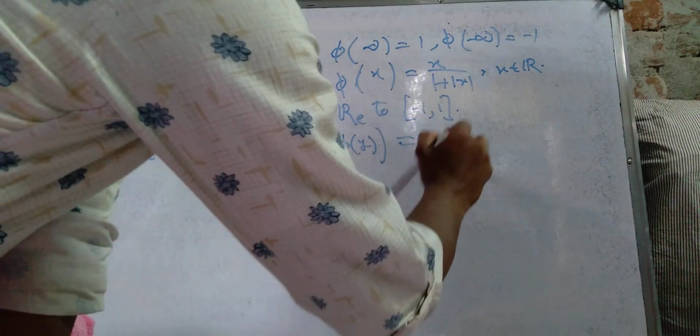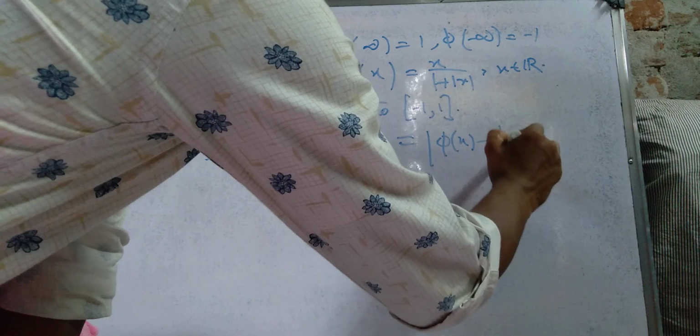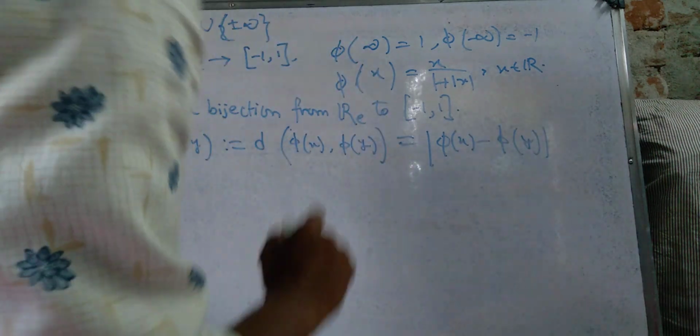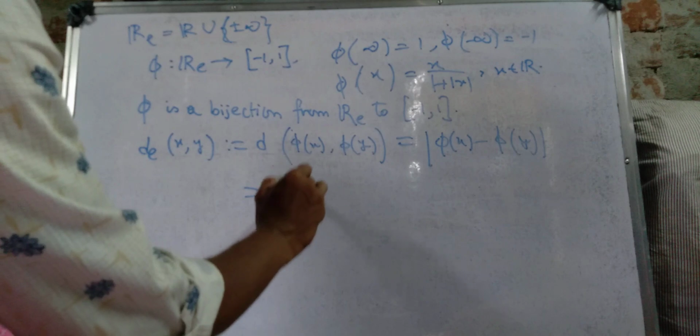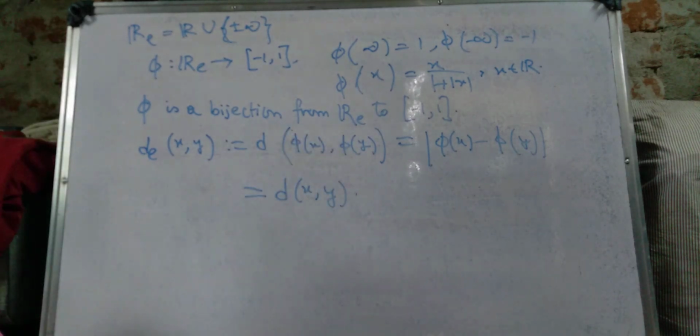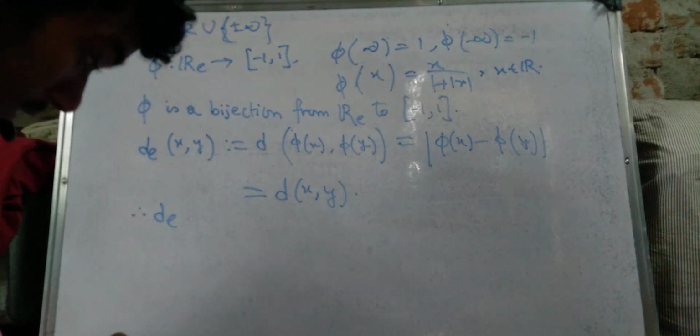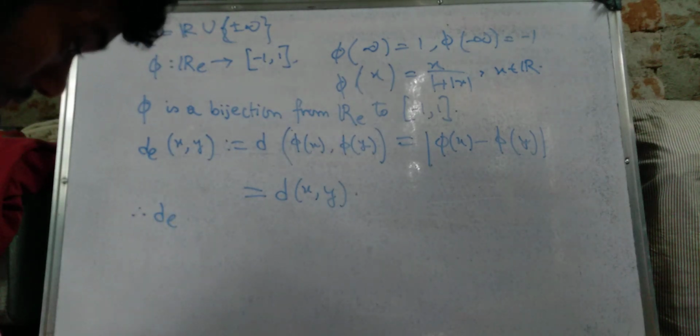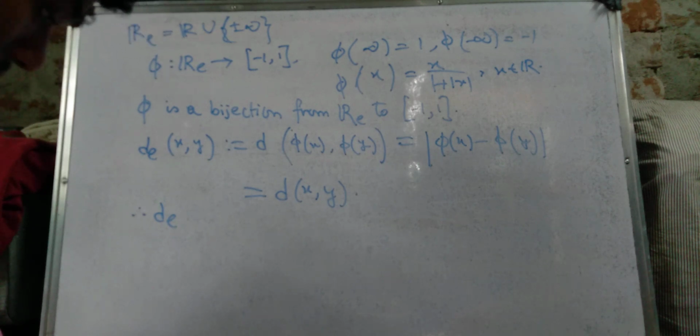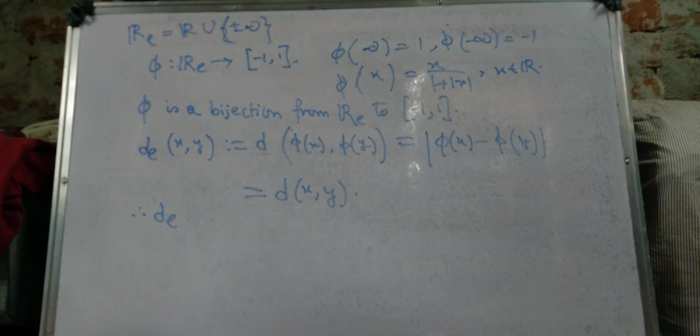That implies mod of phi x minus phi y. Thus this equals d of x, y. So d-bar is equivalent to d. Okay, then d-bar on R-bar is equivalent to d. Discuss d-bar equal to these things.